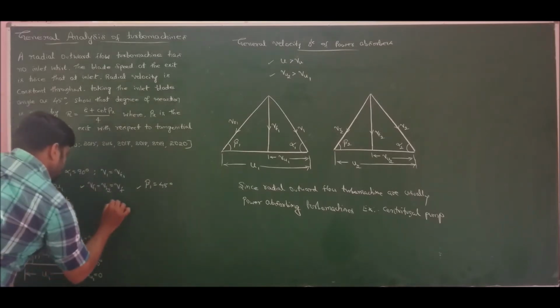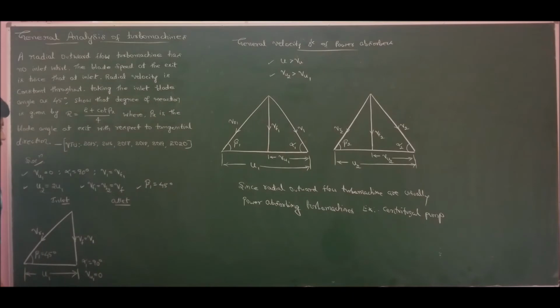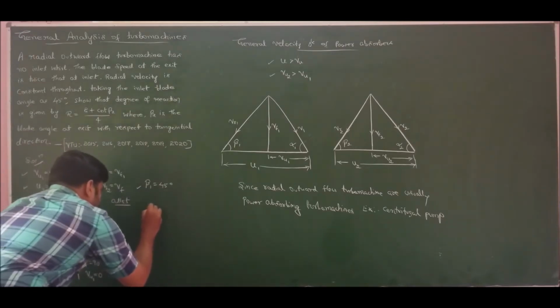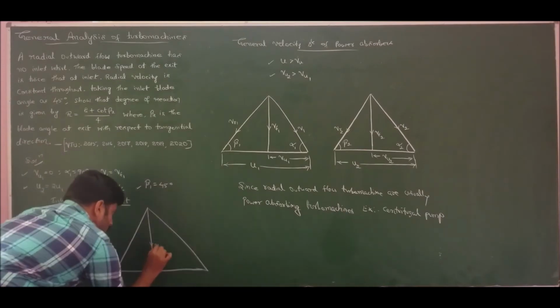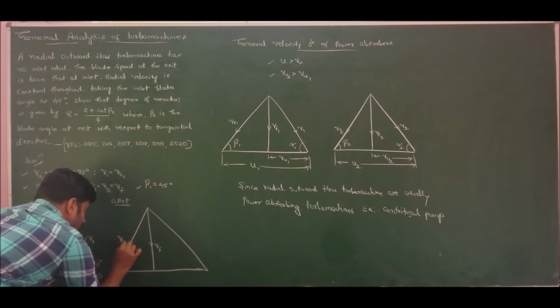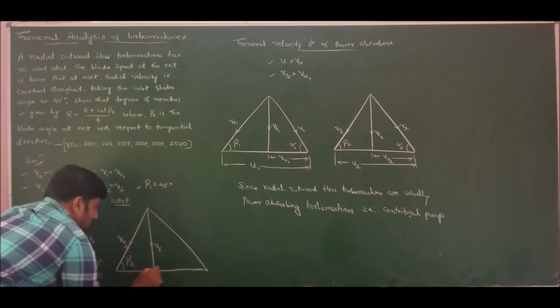So if I write the outlet velocity triangle, I should use U2 is equal to 2 times U1 and Vf is constant. Therefore the outlet velocity triangle will look like this: Vf constant. Here we have Vr2, so beta 2.